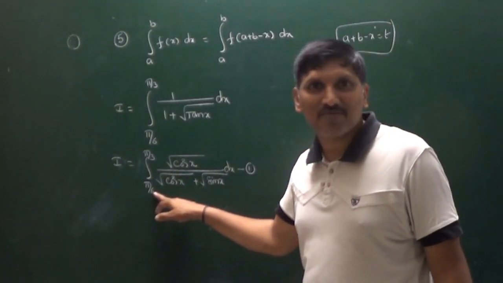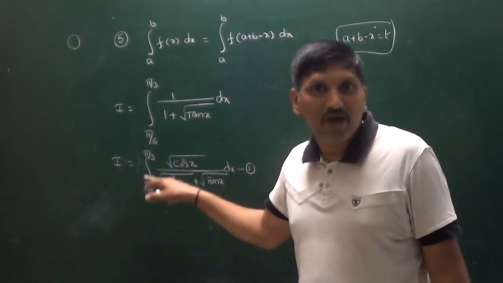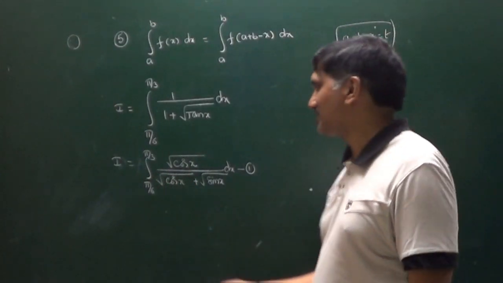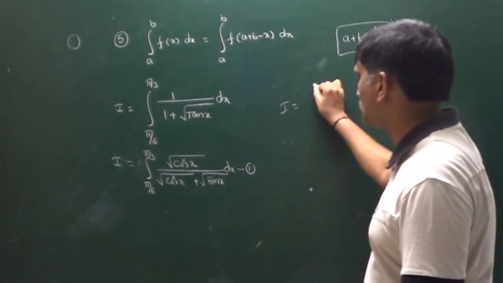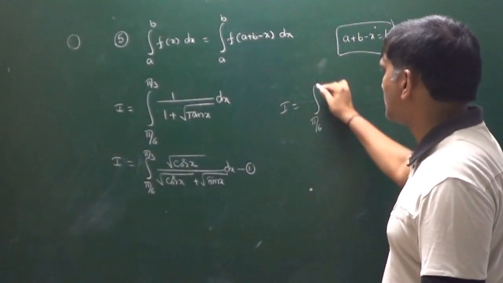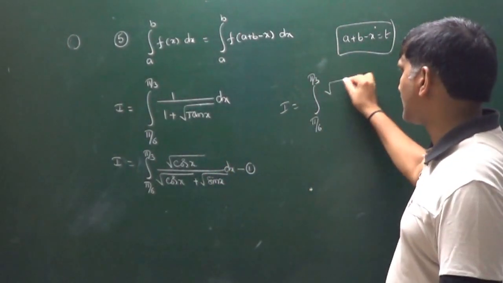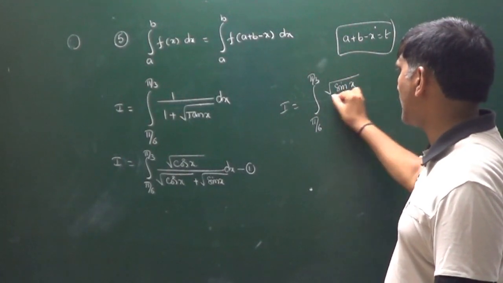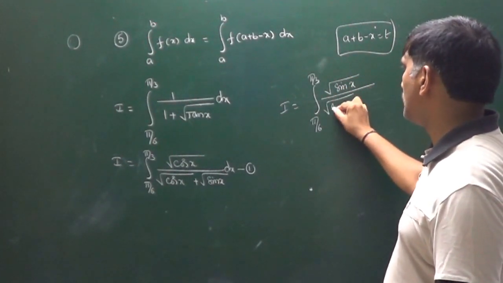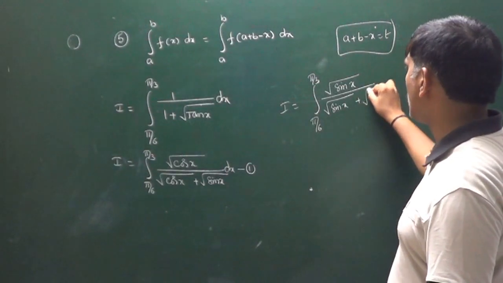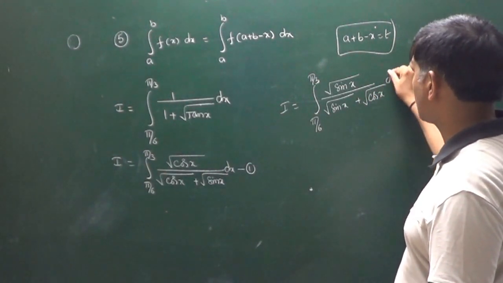A is pi by 6, b is pi by 3, so pi by 6 plus pi by 3 means 90 minus x. Then the same I is equal to the integration of pi by 6 to pi by 3, writing 90 minus x: cos of 90 minus x is sin x, divided by root sin x plus root cos x dx.